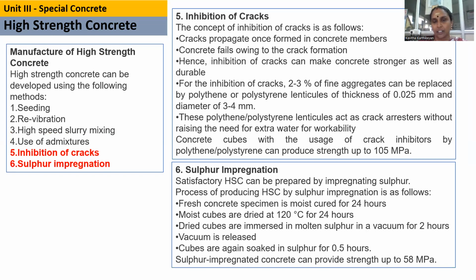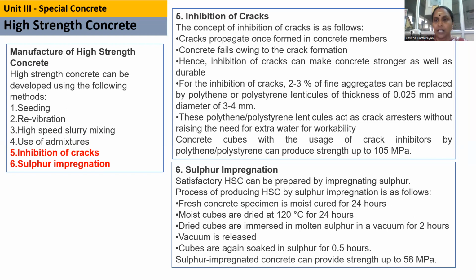The formation of cracks should be stopped, so we use the polythene or polyester lenticels or fibers. But when adding those fibers, it needs extra water for workability. So again, the workability is addressed, and the inhibition of cracks method is widely used as fibers are used in concrete.